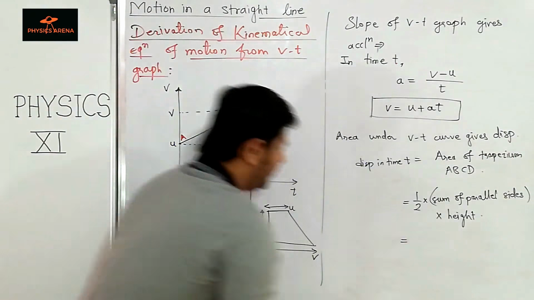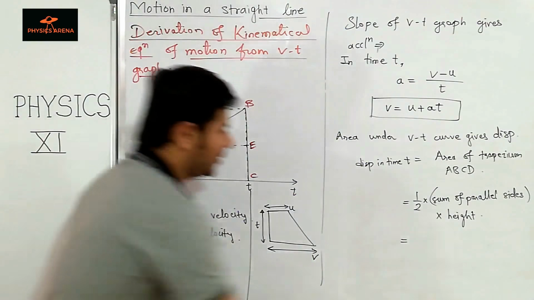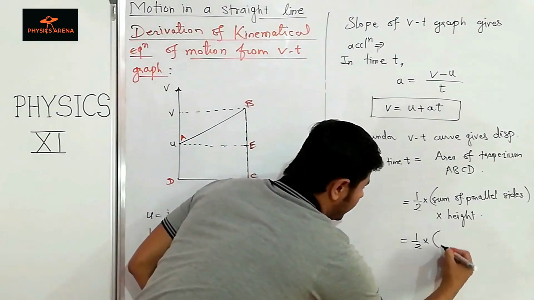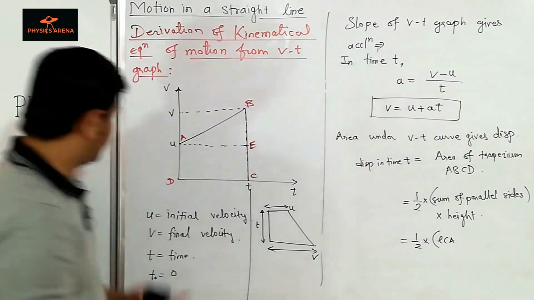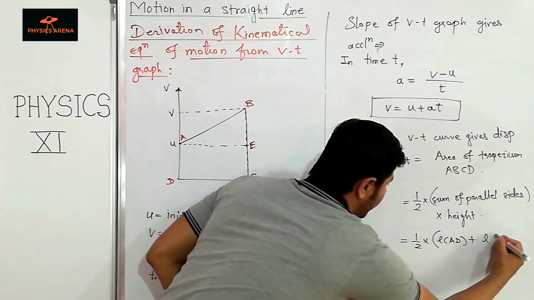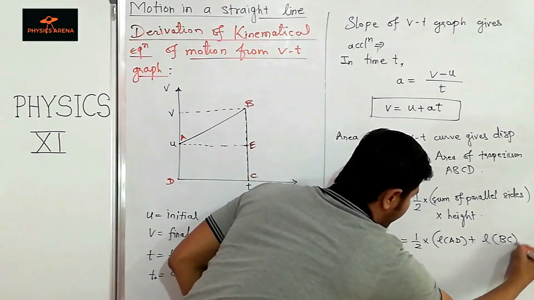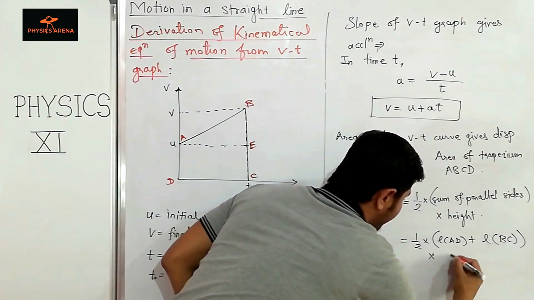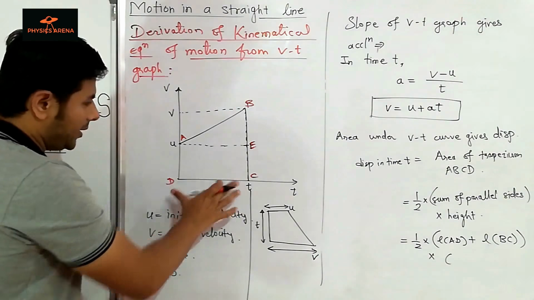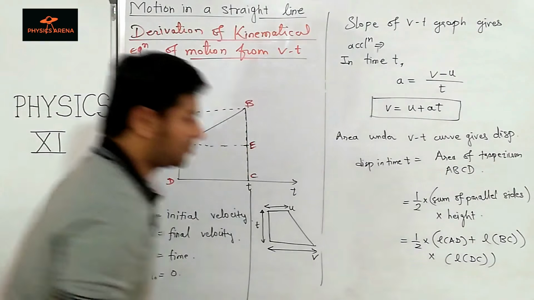So I can write: u is represented by this side, so it is half of the length of side AD plus the length of side BC, multiplied by the height, which is the length of side DC.